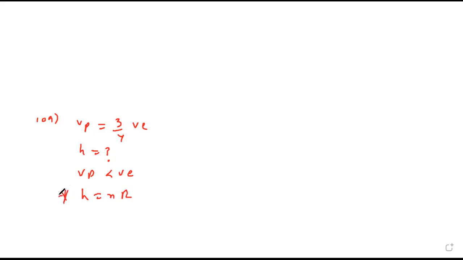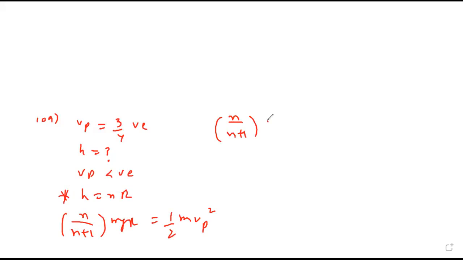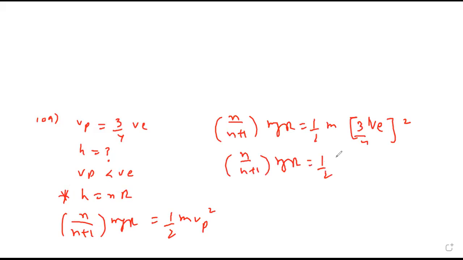So whenever this concept comes, what I had explained to you: n upon n plus 1 mgR is half of m into velocity of projection squared. So n upon n plus 1 mgR is half of m, velocity of projection is 3/4 of escape velocity squared. So n upon n plus 1 mgR equals half m, 3 squared 9, 4 squared 16.